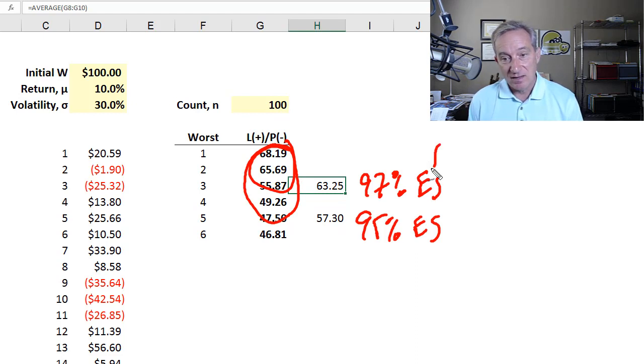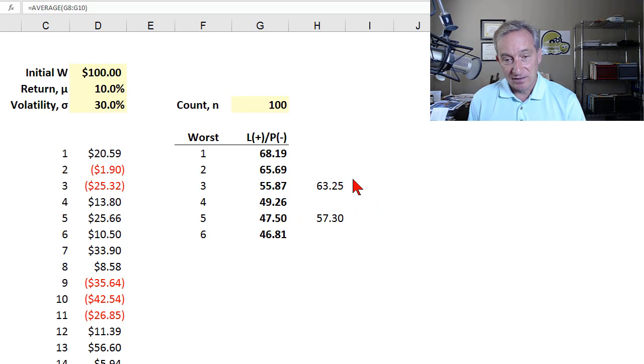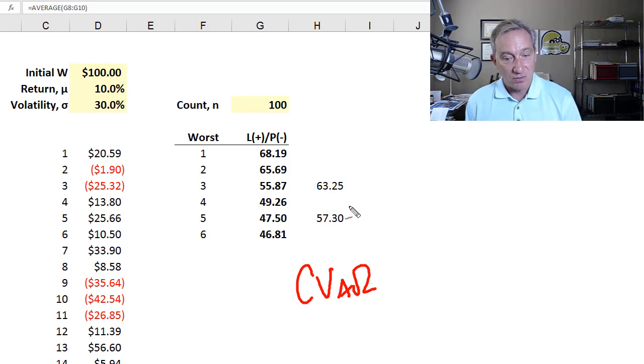So that's the key to expected shortfall and why it's never ambiguous, because we've made this average conditional on, or delimited by, the probability threshold, in this case 1 minus the confidence level. Unlike the CVAR, the conditional value at risk, which would take an average conditional on VAR as the quantile.